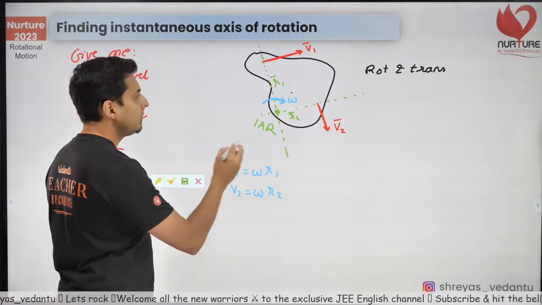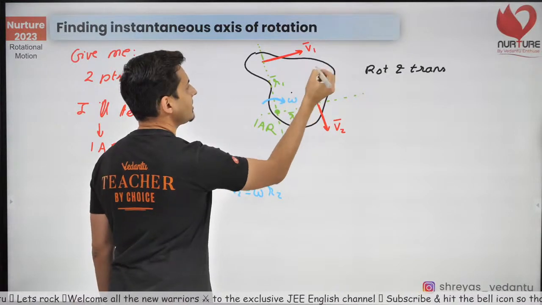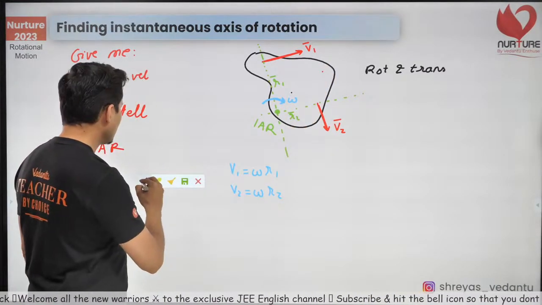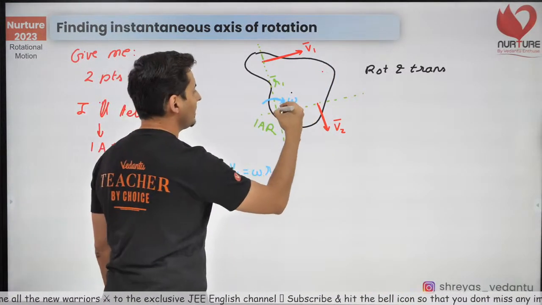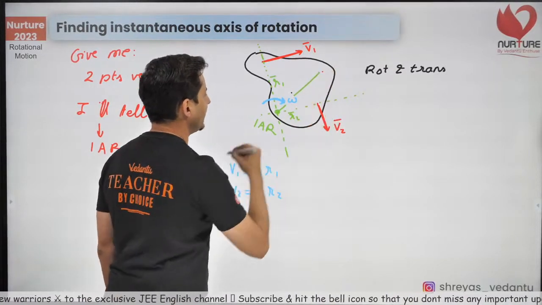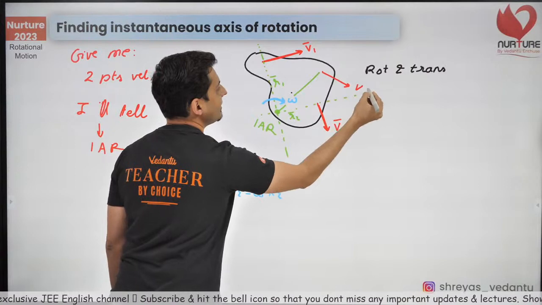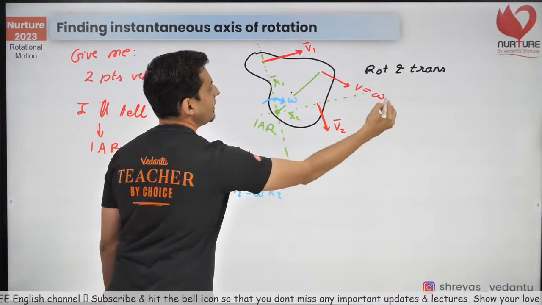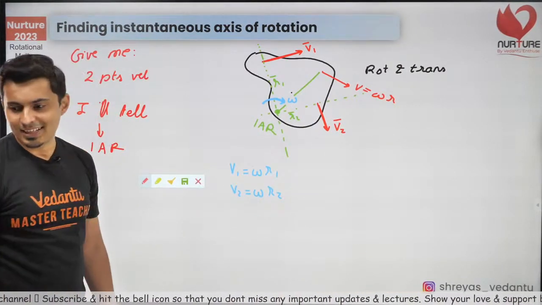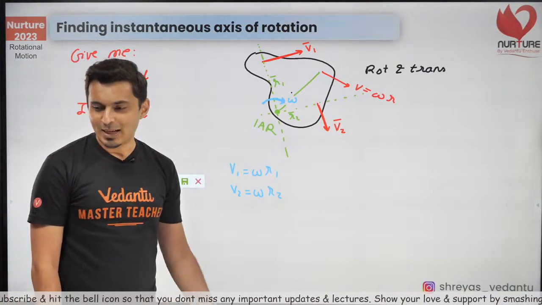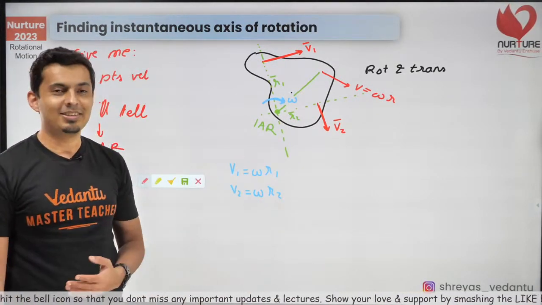Let's say I ask you to find the velocity of this point over here. Nothing. Just draw a line from here to this point and just drop a perpendicular. That's it. This velocity will be omega into that particular r. Simple. Done.